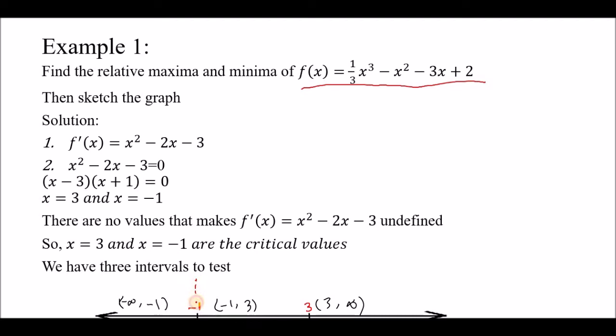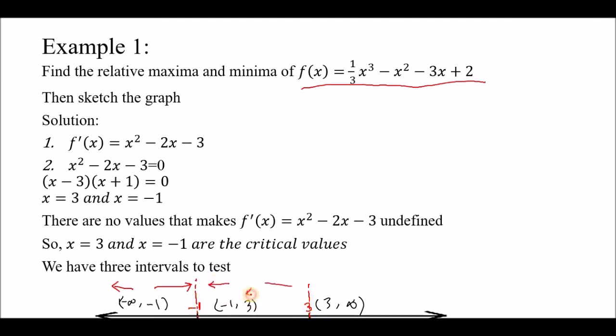You'll notice that the number line is cut into 3 portions. The first interval is from negative infinity to negative 1, and we're talking about open intervals in this case. The second interval is from x is equal to negative 1 to x is equal to 3.